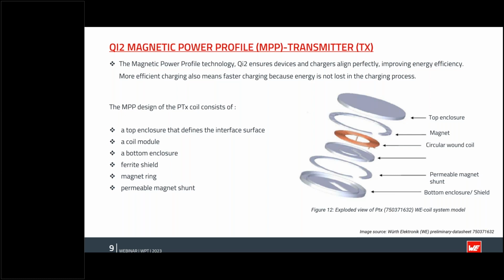Then the coil itself, which is made out of Litz wire, and then the ferrite, which has a slit in between where the leads can have an output from the coil. So this is the breakdown of an MPP transmitter coil, of how it would look in the future chargers which adopt the Qi 2 standard.